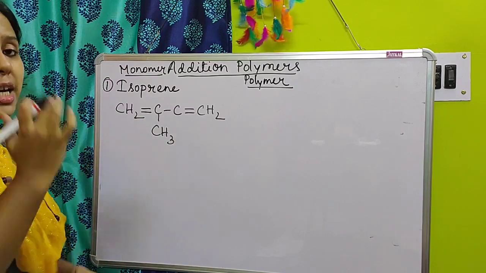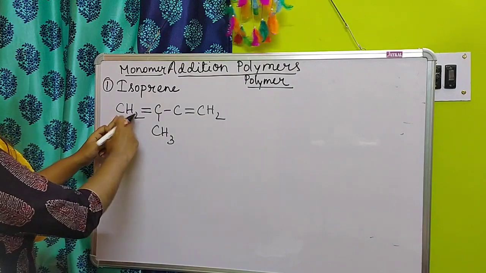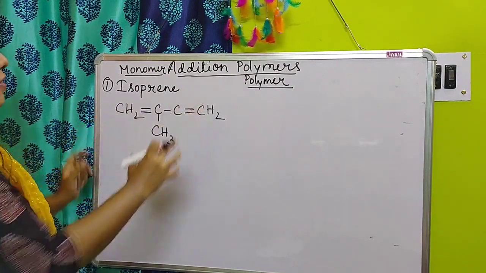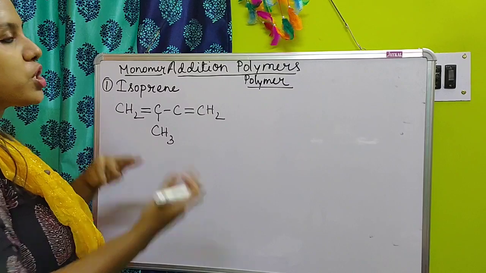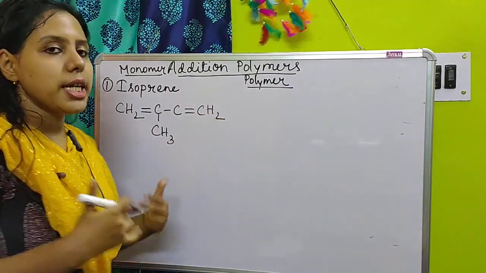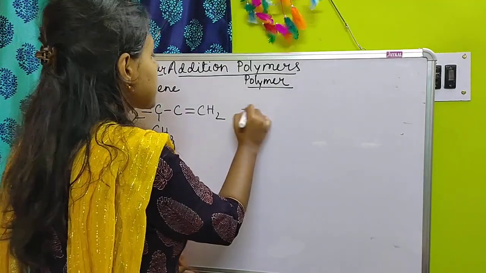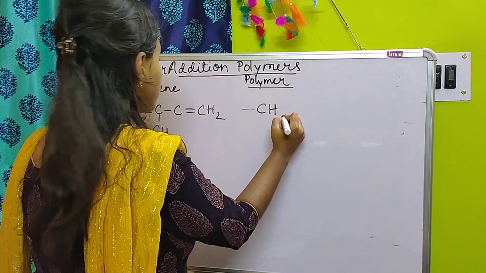Now what will be the structure of the polymer? The carbons which have double bonds between them, the position of the double bond will change, and on both sides there will be the formation of two new single covalent bonds for continuation of the chain.